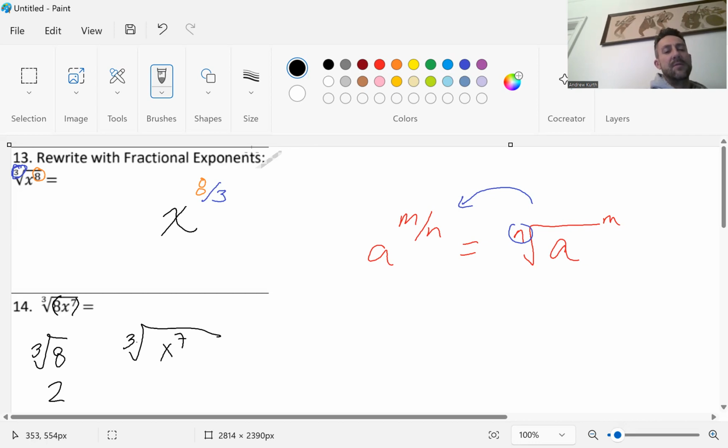And now to do x as a fractional exponent, this 3 goes into the denominator of the exponent, and this 7 exponent as the numerator of the exponent, and x is the base. So putting that all together, the cube root of 8 is 2, so 2 in front, and then x to the 7/3.